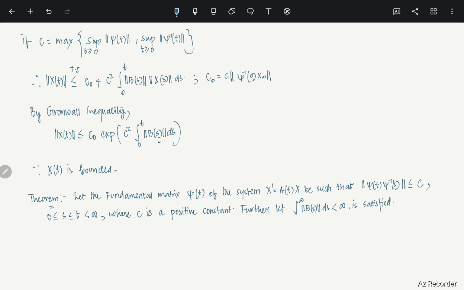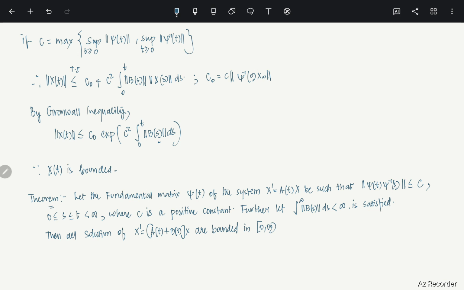Then all solutions of x prime equals A(t) plus B(t) times x are bounded in 0 to infinity.